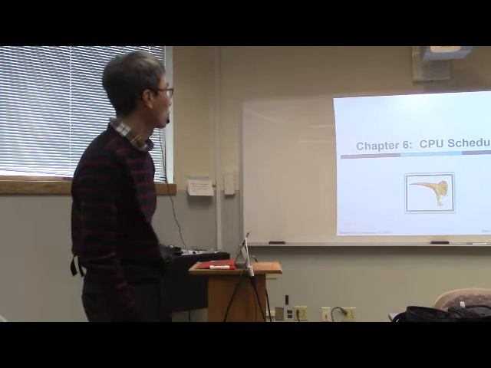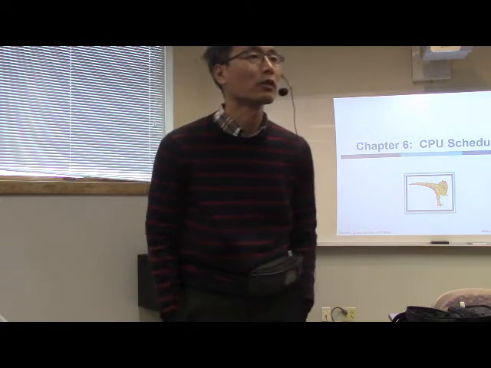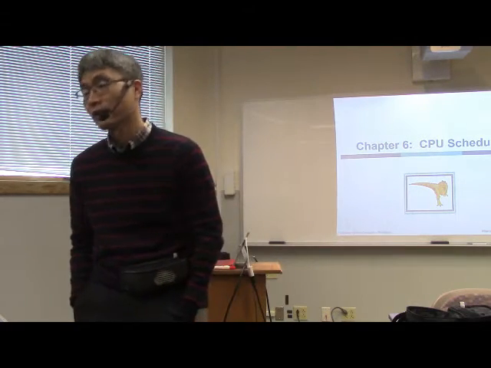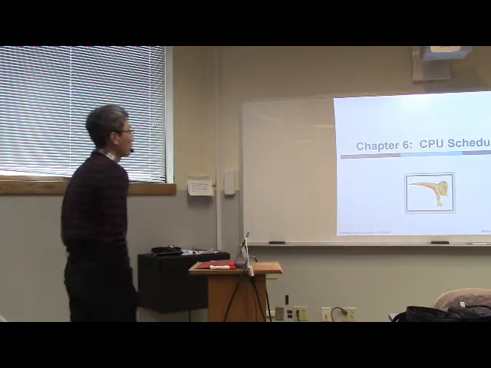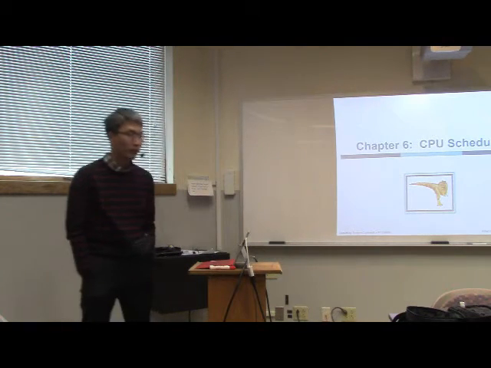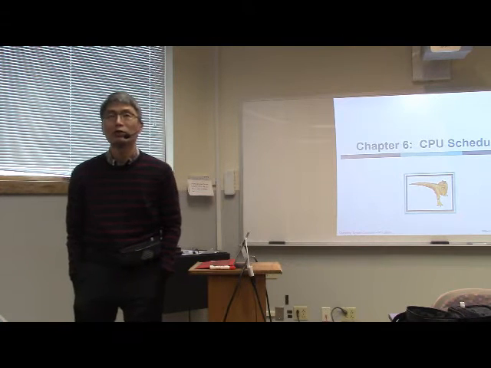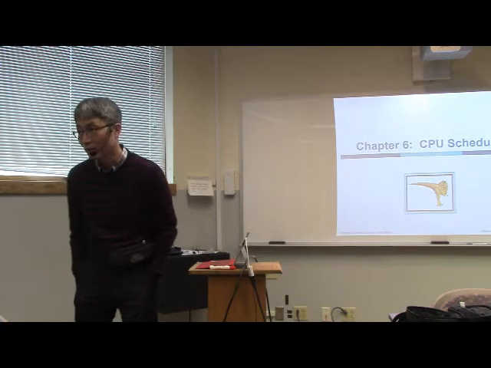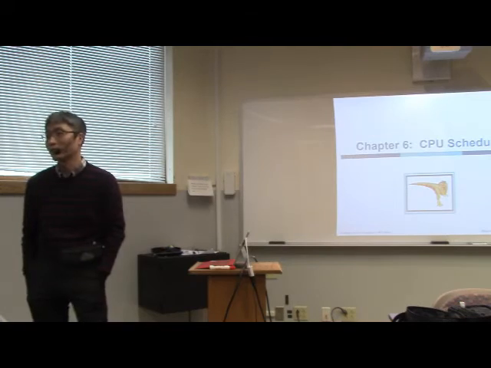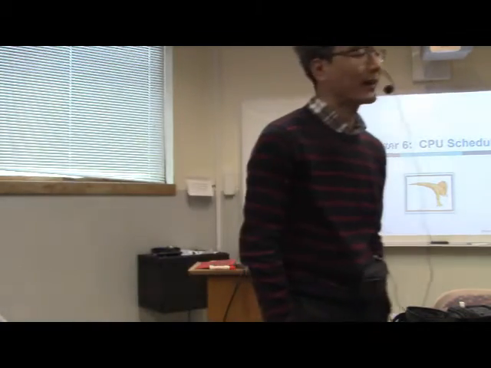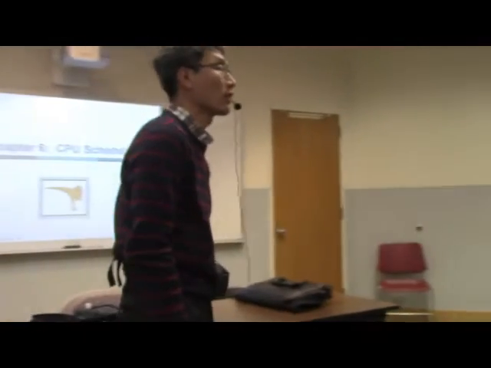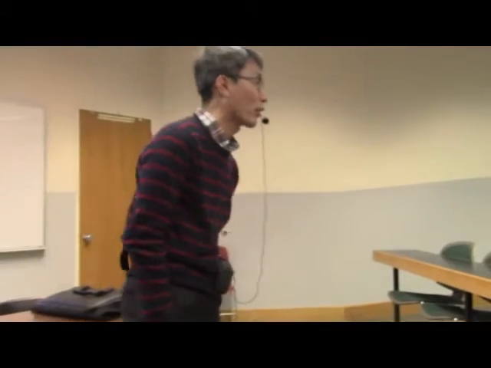So in this chapter we will discuss one of the important algorithms in process management, that is CPU scheduling. Last class we mostly discussed process synchronization, because the operating system can create multiple processes for their cooperation.